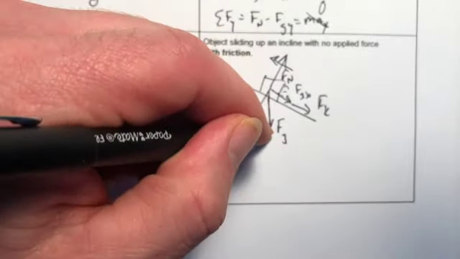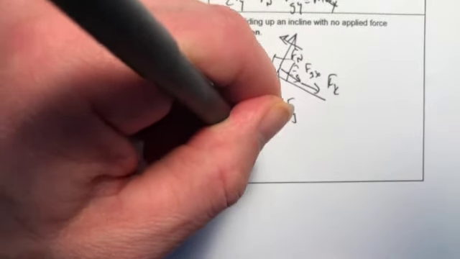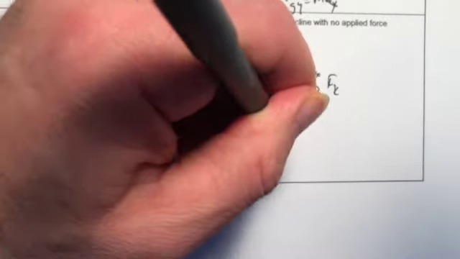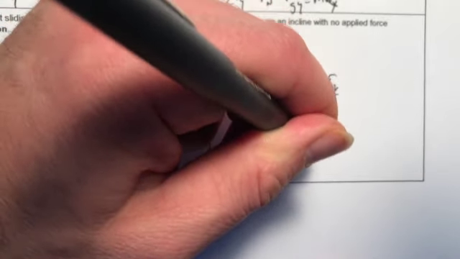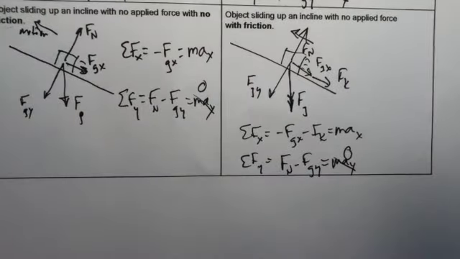So I should make this a little longer. There we go. All right, so in the x direction we have negative Fgx minus Fk equals max. And in the y direction we have the same thing as usual. All right, there you go.